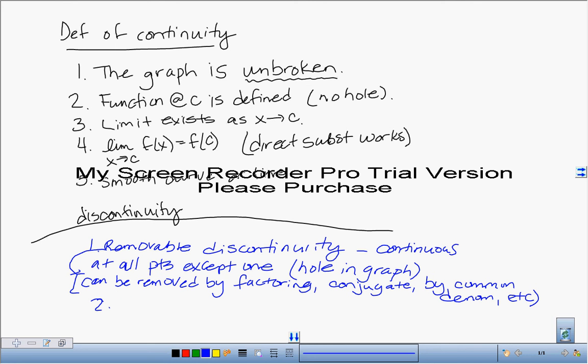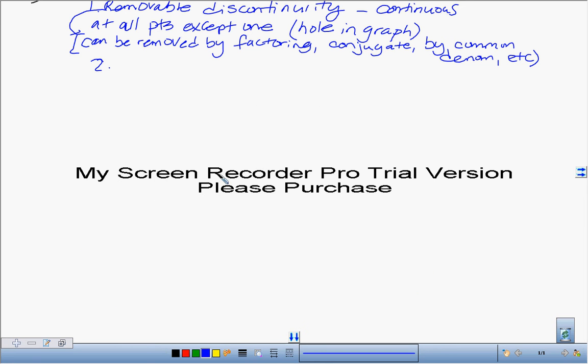Okay, so the other type of discontinuity then is non-removable. Non-removable discontinuity means the graph is broken.